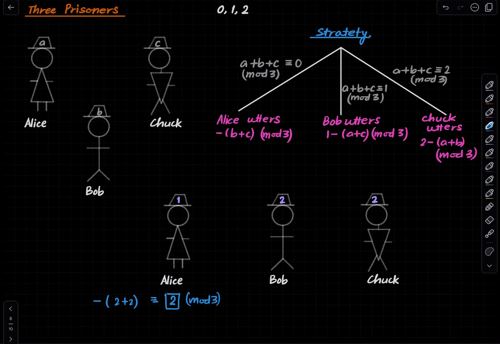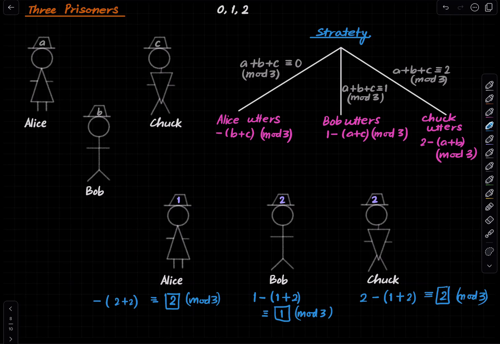Bob is answering 1 minus A plus C, which is congruent to 1 modulo 3. So 1 is Bob's response. What about Chuck? Chuck is answering 2 minus A plus B, which is congruent to 2 modulo 3, and yes, Chuck is answering correctly. Both Alice and Bob failed, but Chuck did not. Chuck saves the day. Chuck becomes Chuck Norris.